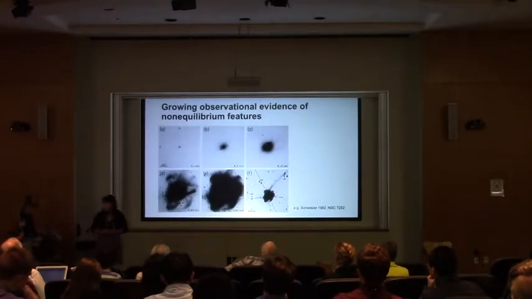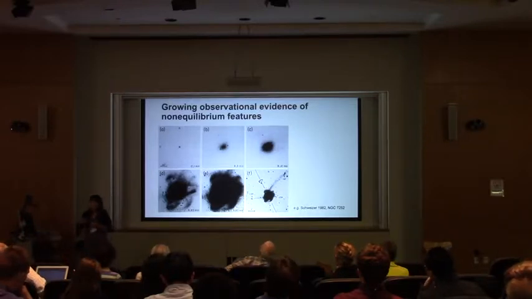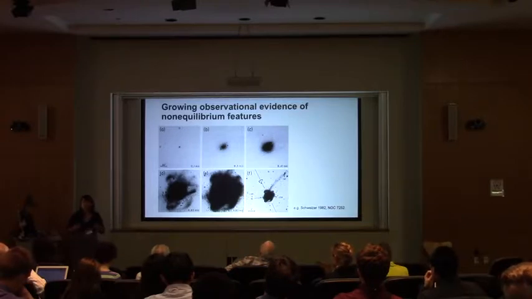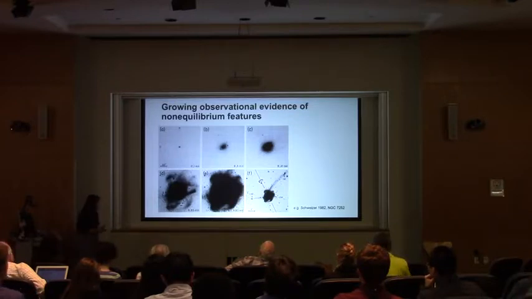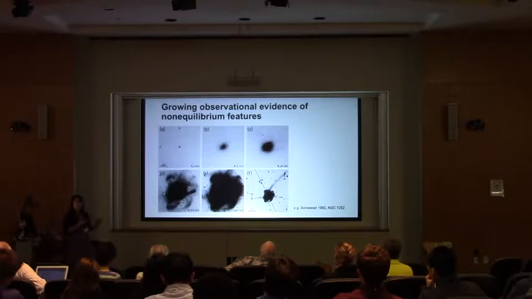Over the years there has also been a lot of mounting evidence for non-equilibrium features that could disappear within the age of the galaxies. You can see in NGC 7252, for instance, that there are a lot of asymmetric core features and multiple cores, indicating evidence for mergers.